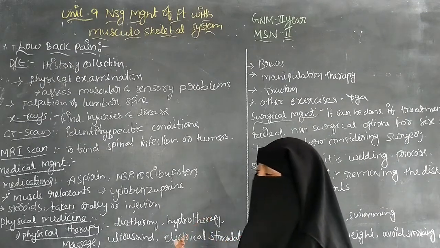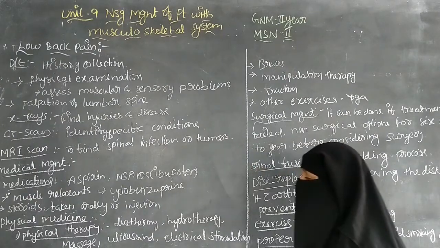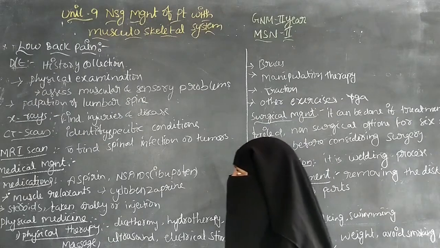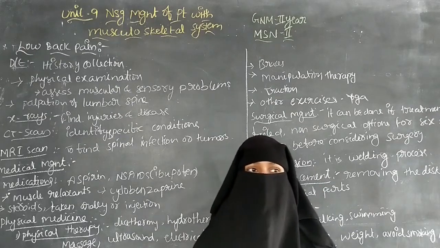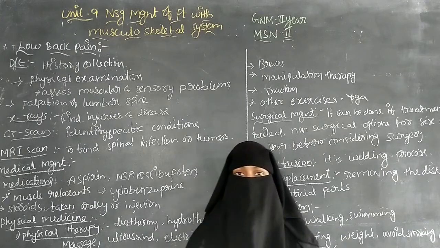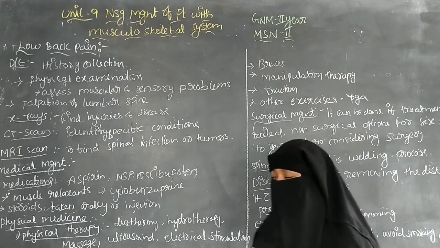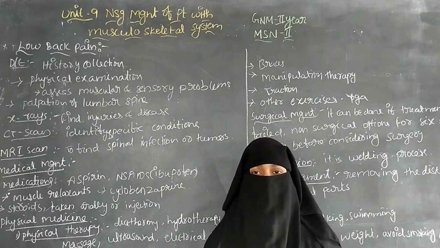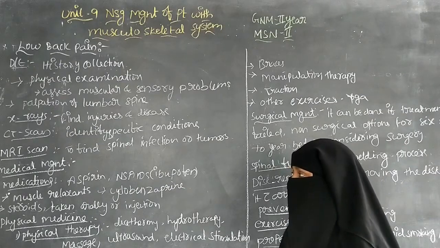Also, if the patient has any diseases like arthritis or other musculoskeletal problems, they can also lead to back pain. So X-ray can be done to find out the injuries and the diseases.